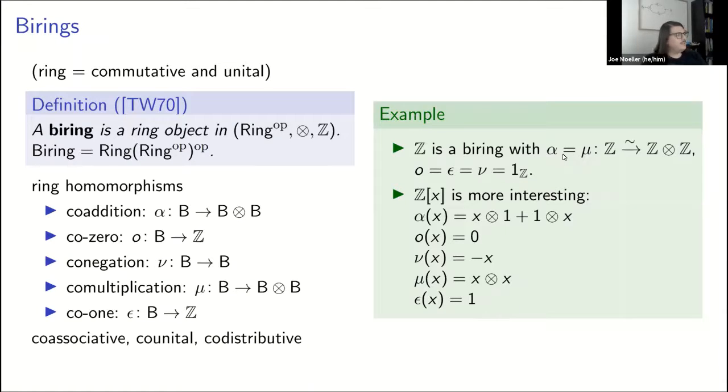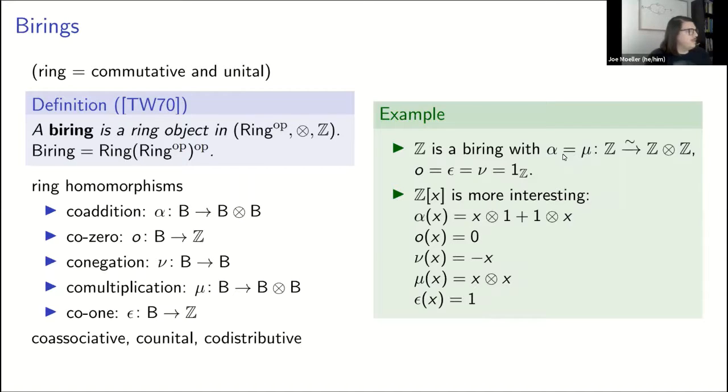You need a Cartesian monoidal structure to define a ring object internal to a category, and the tensor product happens to be the coproduct in the category of rings, and so it's the product in the category of rings op. So that's exactly what we need to define this.